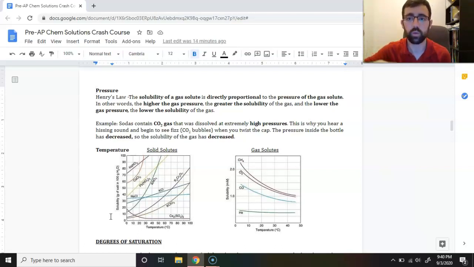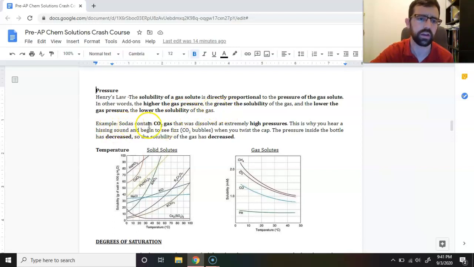If you have a low pressure, the gas tends to bubble out of the solution and go out into that low pressure area outside of the solution. So it comes out and does not stay dissolved. This is going to become very important later in the year when we talk about something called equilibrium. I want you to know that pressure only affects gases in solution. It does not affect solids or liquids in the solution.